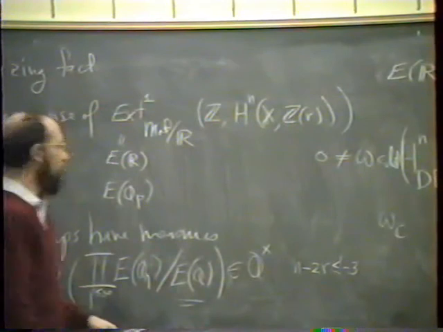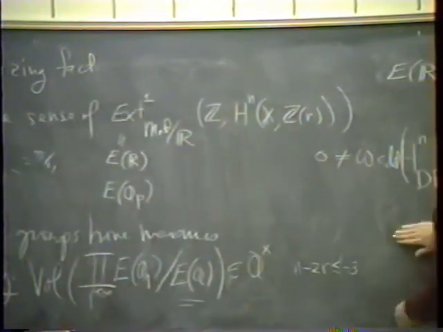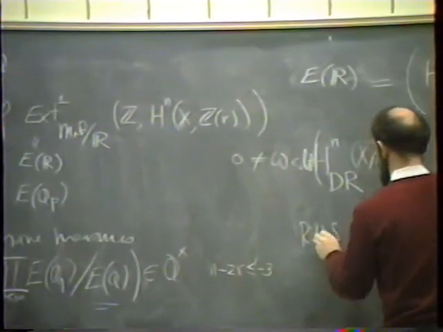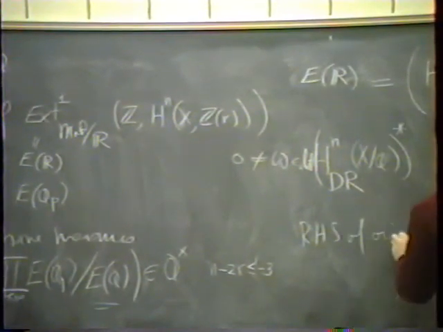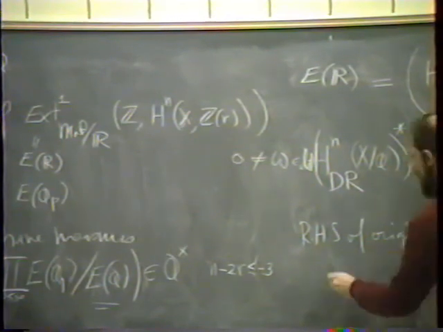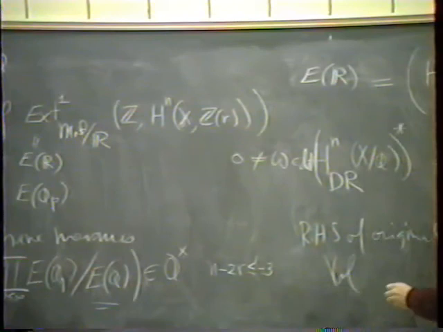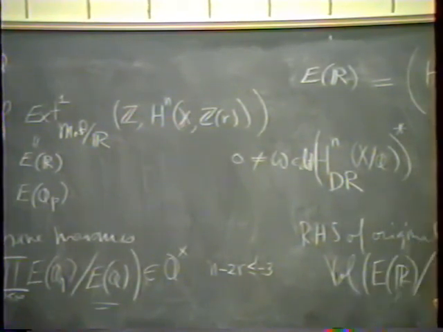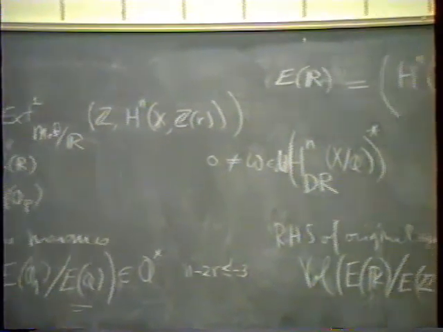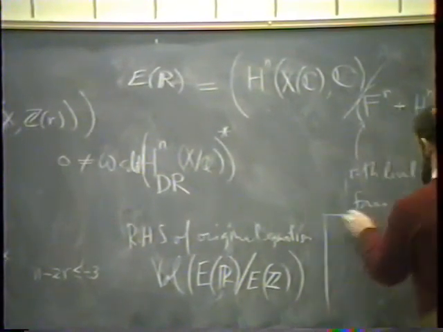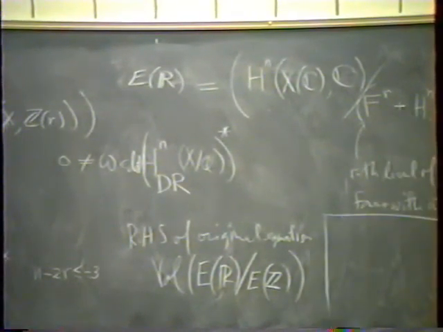And it's the volume, so to speak, the right-hand side of the original equation, is then the volume of this E of R modulo, so to speak, E of Z. Now I should mention, just to finish, that this is of course not all due to me.